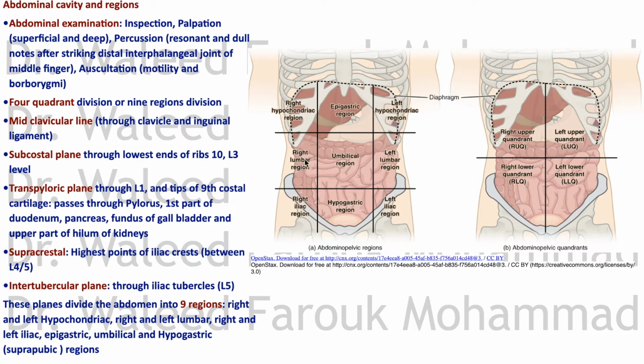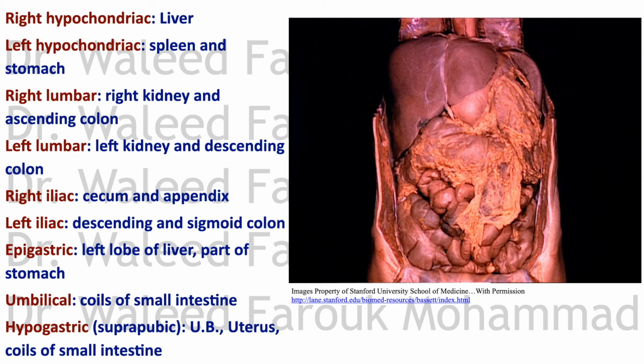You have the right and left lumbar regions, where you have the kidneys as a main feature, and the right and left iliac regions, and we will talk about the main organs present in each region. So this is the map most clinicians go by when examining the abdomen.